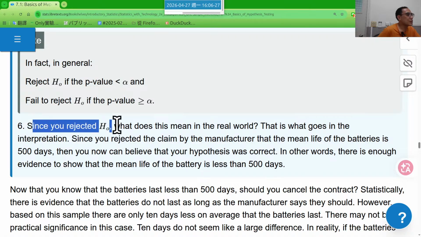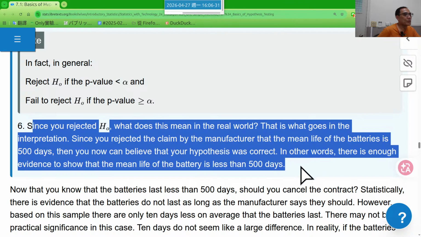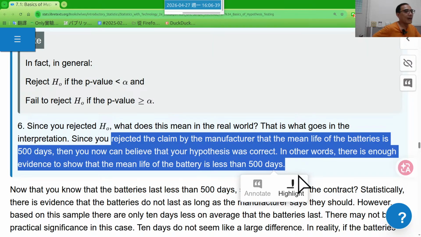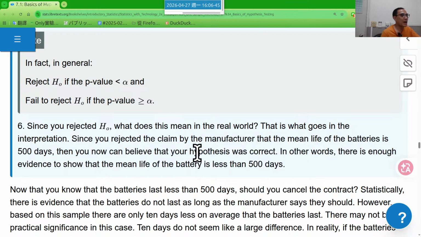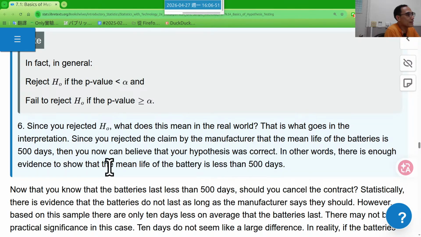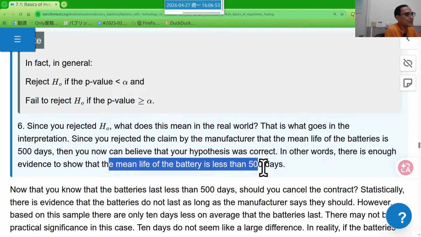Okay, since you reject the null hypothesis, what does it mean in the real world? This is the interpretation. Since you reject the claim by the manufacturer that the mean life of the battery is 500 days, now you can believe your hypothesis was correct. In other words, there is enough evidence to show that the mean life of the battery is less than 500 days.